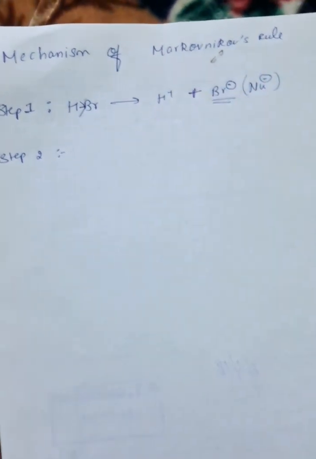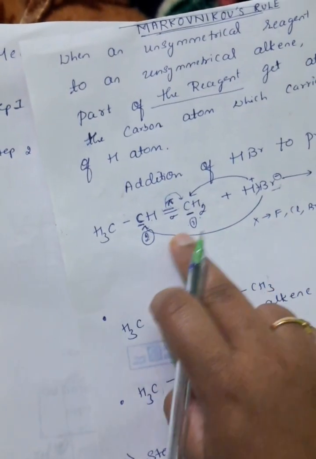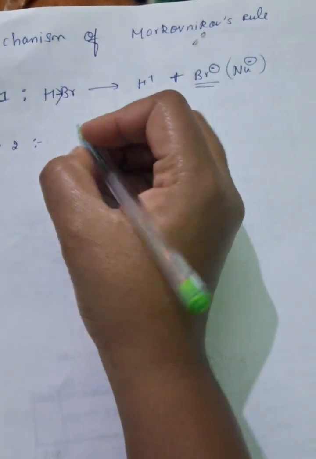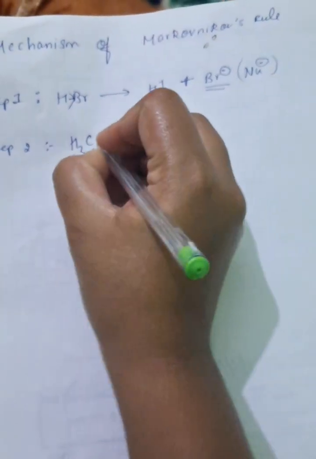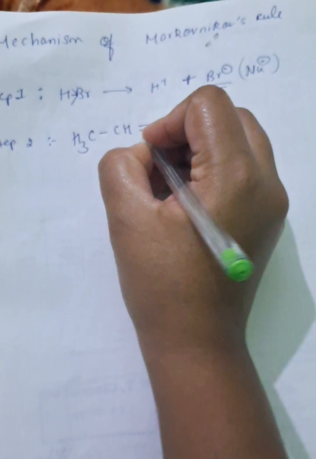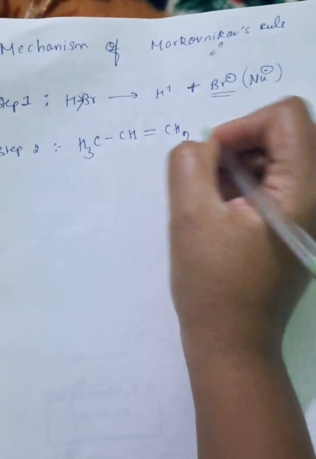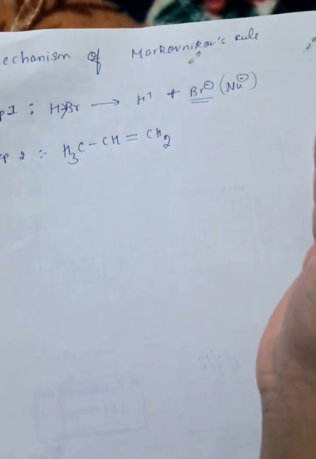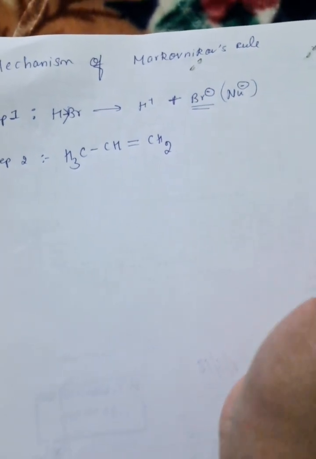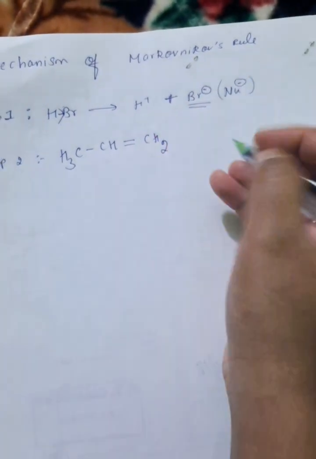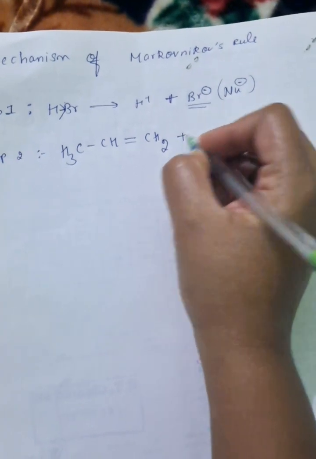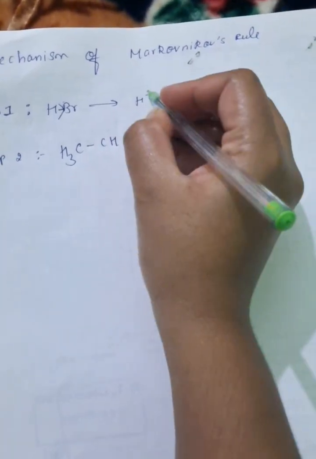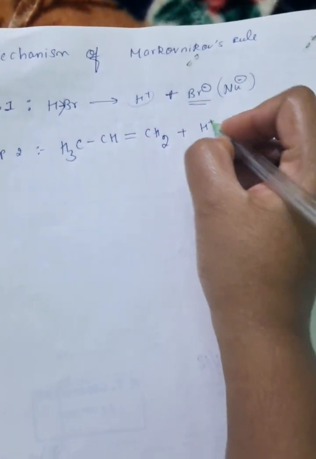Now we will take this reactant, that is CH3-CH=CH2. I will tell you two possibilities of product obtained, which is your major product, and how, where the bromine goes and attaches. For the first possibility, if you see this hydrogen, I'll just add it up here.